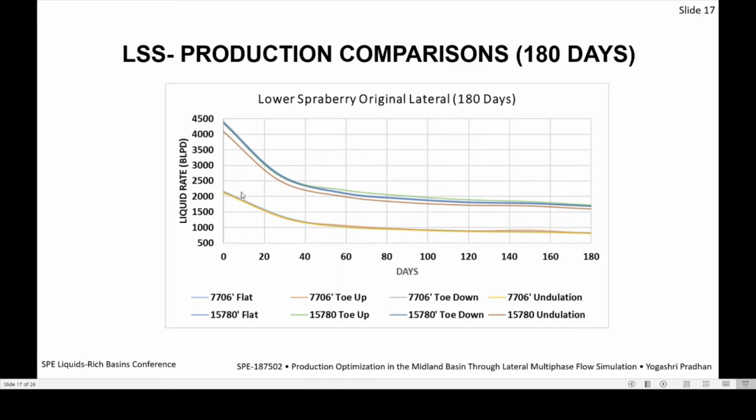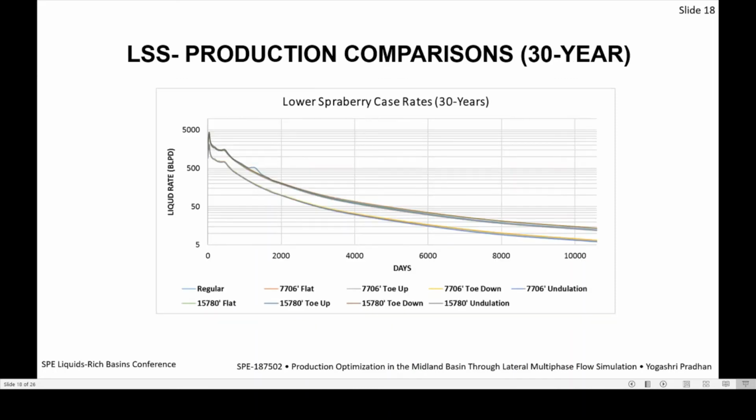Your lower curves represent your 7,500 foot laterals. There wasn't too much of a difference between your undulation and your other trajectory cases, but there is a significant difference at longer laterals. Here's some of the liquid rate cases after 30 years for the lower Sprayberry. You'll notice that there's minimal difference.